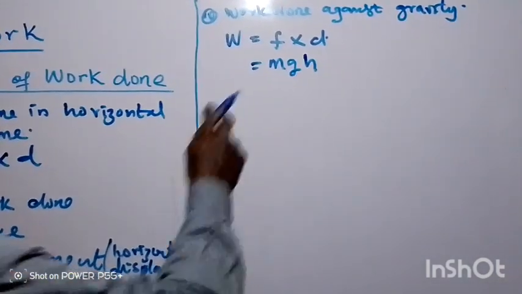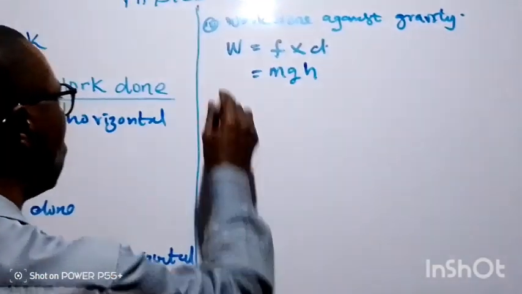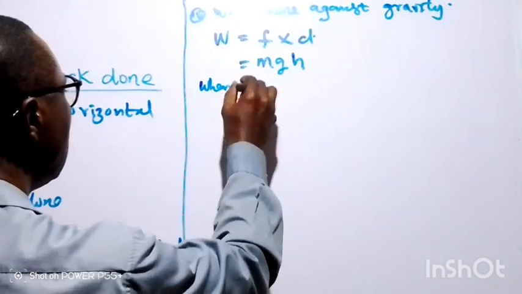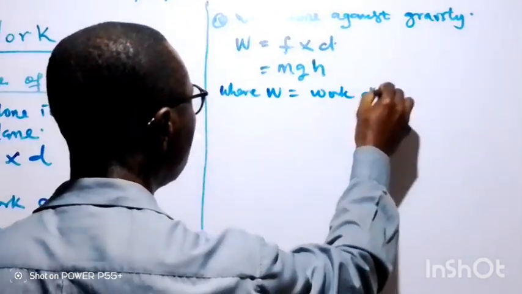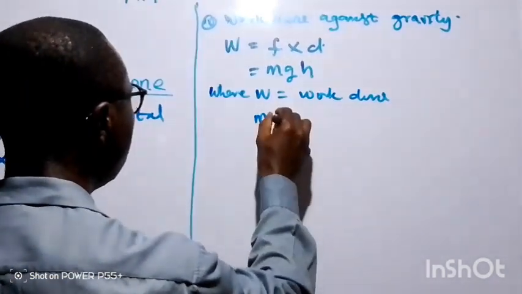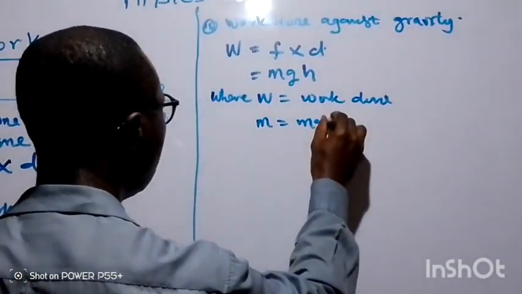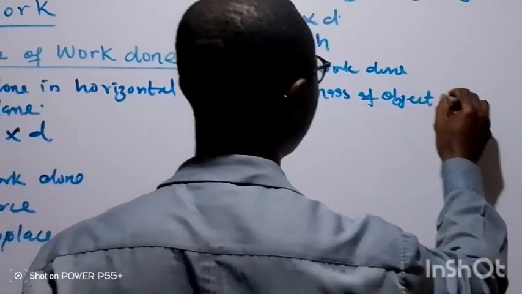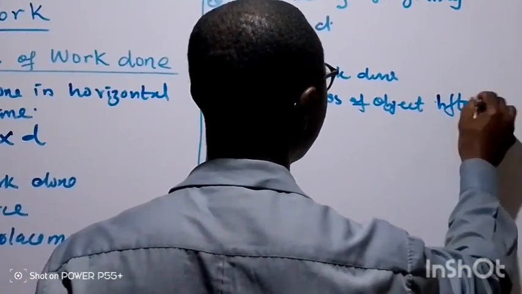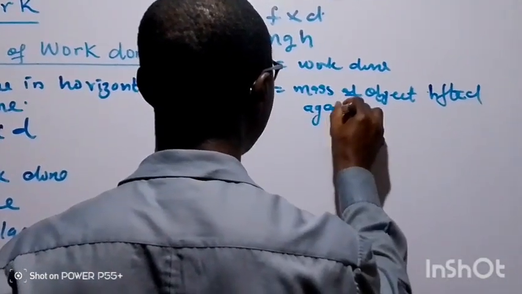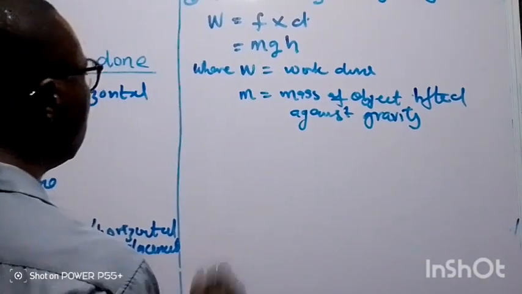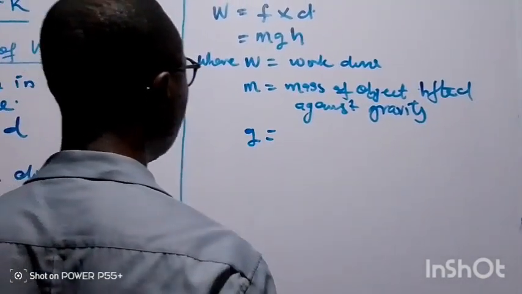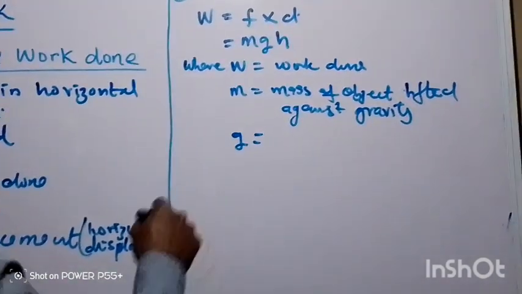Where W is equal to work done, M is the mass of the object lifted against gravity. G is the acceleration due to gravity, since it's being lifted against gravity.